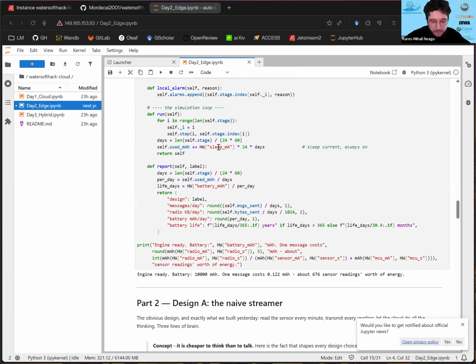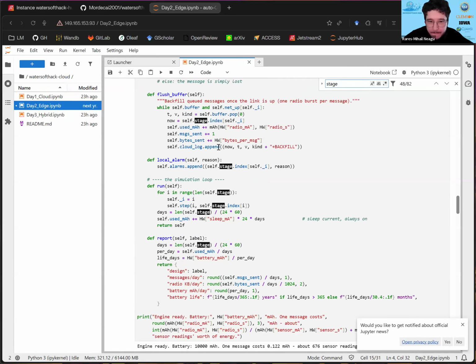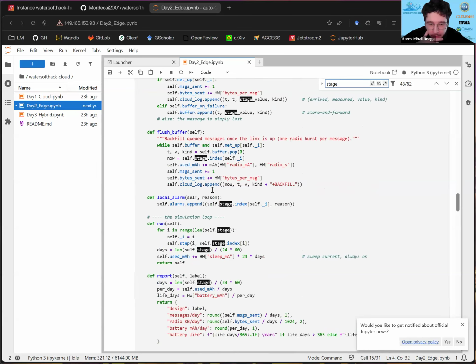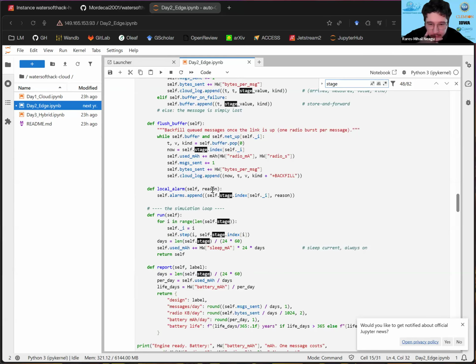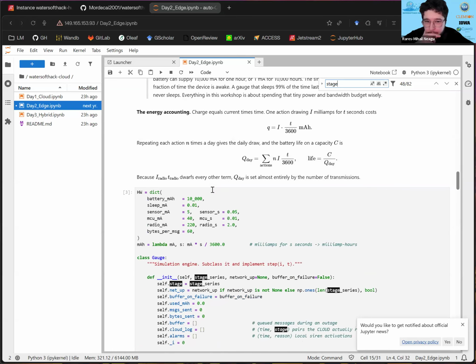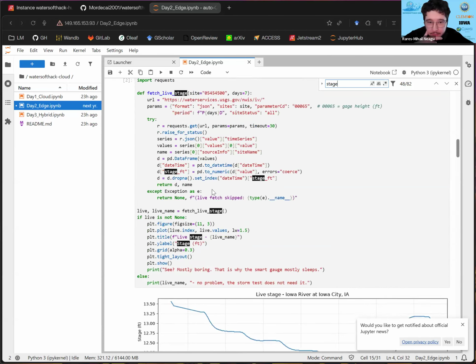Actually, where's stage coming from? Stage equals. Yeah, I think if it's none, it defaults. Did I define it somewhere?